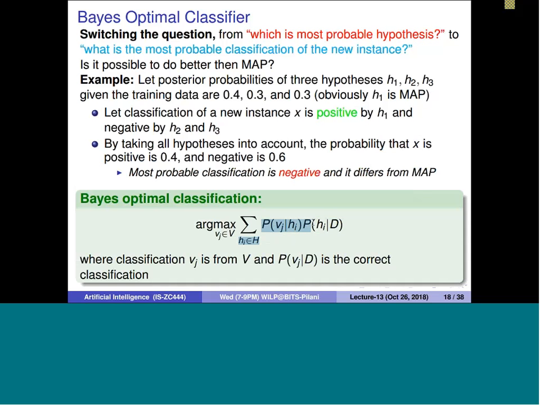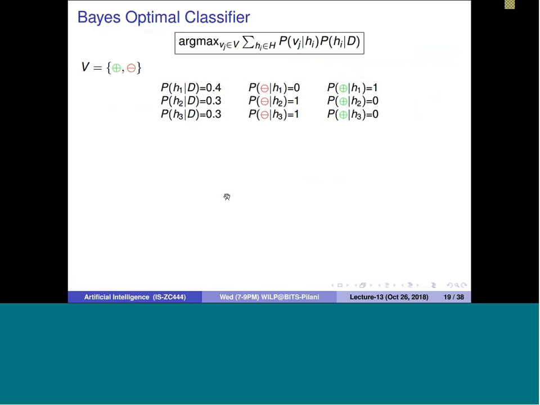I take the summation over all the hypotheses for negative and positive, and give the classification which maximizes the value as the answer. This is the best classifier. The Bayes optimal classifier is the best hypothesis classifier.